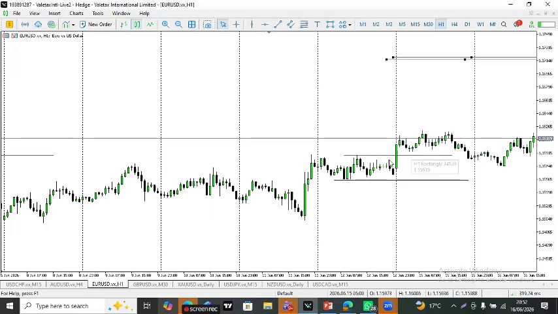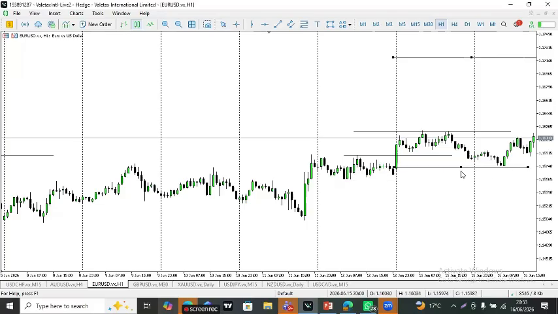Printed a high, and now we have another new high right there. And we had a low, the lowest price for that day here. So we went higher, up, and broke the previous day's high.